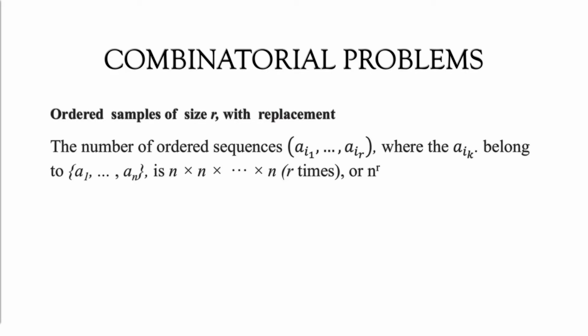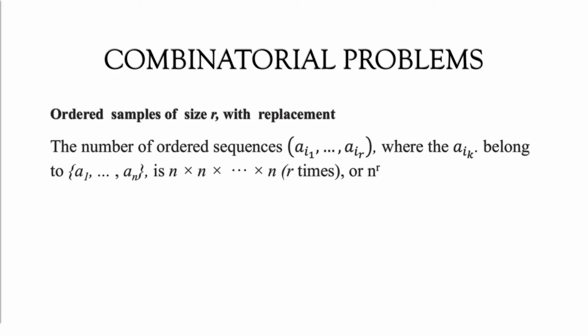Here, the number of ordered sequences a sub i sub 1 up to a sub i sub r, where a sub i sub k belongs to the set a sub 1 up to a sub n, is n times n times n up to n, r times. In other words, this is n raised to r.